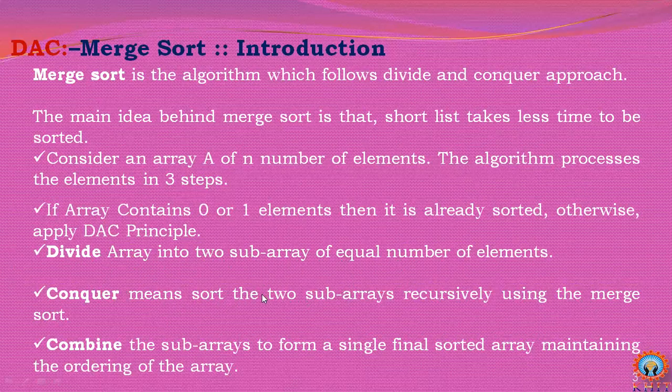Once the elements are sorted, we combine the sub-arrays into a single final array, which is the solution to the original problem. In this way, we can solve merge sort problems very easily and quickly with the help of the divide and conquer algorithm design technique.